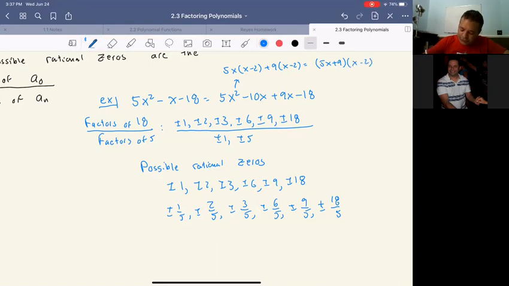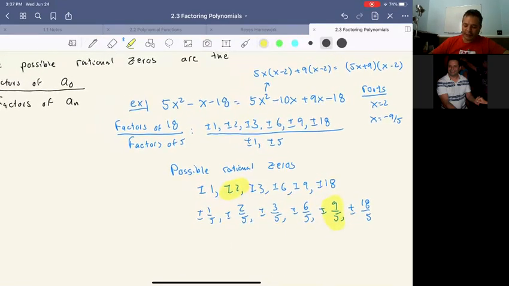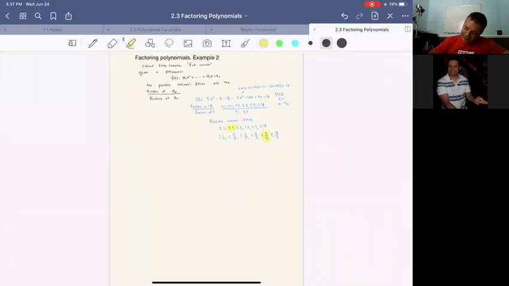So what are our roots here? x equals 2, x equals negative 9/5. 2 was in our list, 9/5 was in our list. I just wanted you to see that play out.